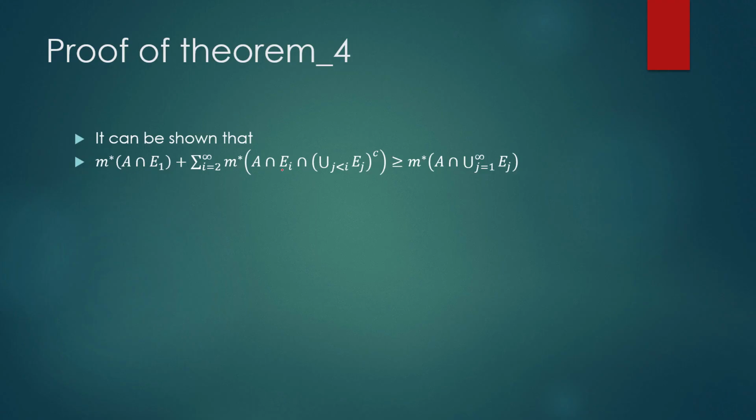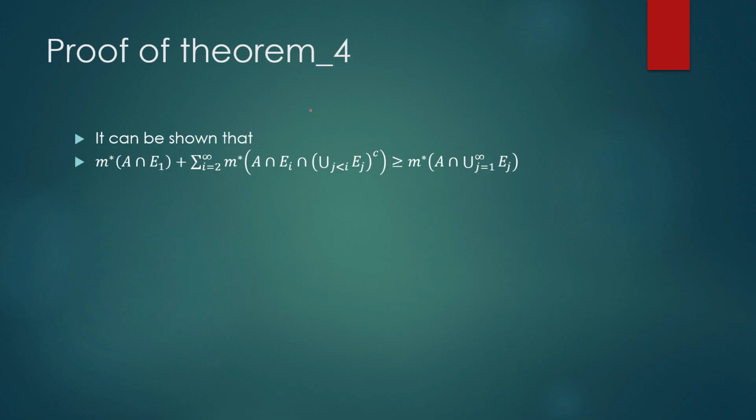Let us see, this one A intersection, when I is running from 2 to 2, then it will be A intersection E2. So this will be A intersection E2, and then let us see, intersection union j is less than I. Alright, so then what do you write?